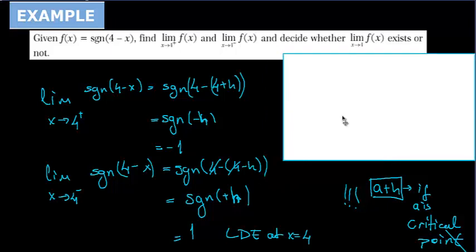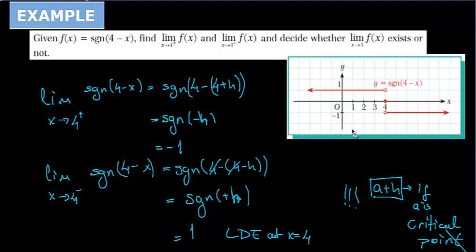If I delete this figure, I have the graph here, and on the graph this is sine of 4 minus x, and they are asking from the negative side. This represents 4 minus, and when you get closer to the function here, it's getting closer to the value minus 1.